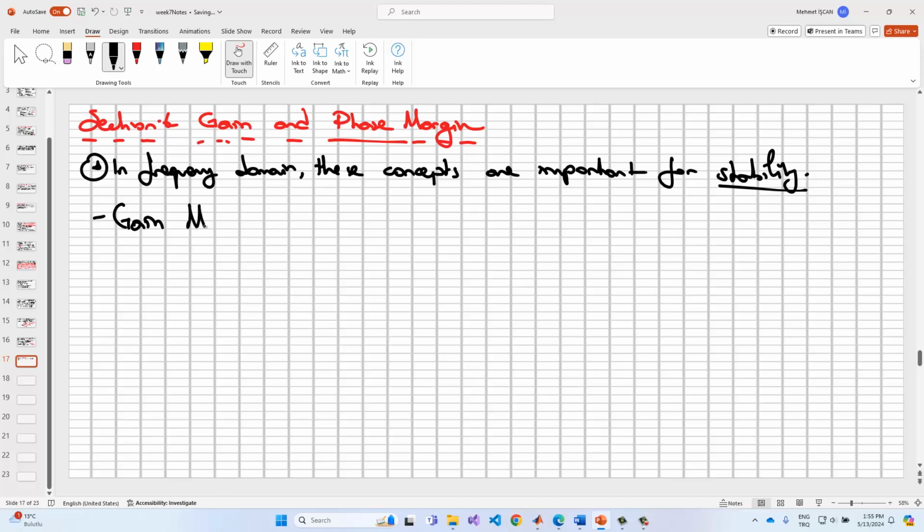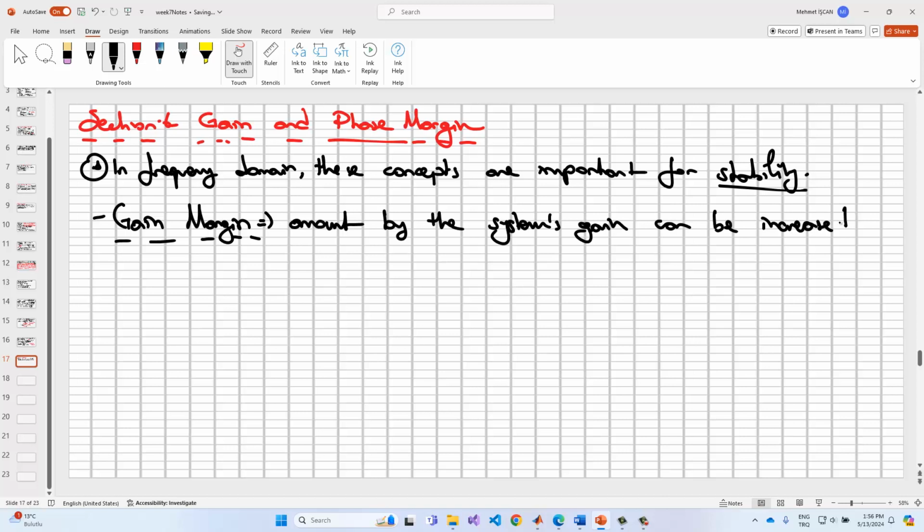The gain margin is the amount by which the system gain, just like the K in here, can be increased before it reaches instability.